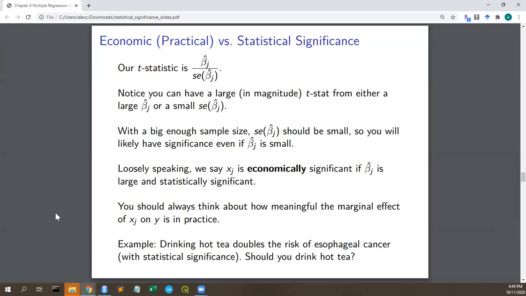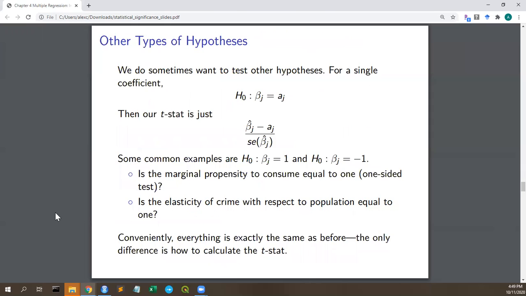You probably don't want to drink hot tea. But if that risk is super, super small and that doubling is really not that big, then maybe it doesn't actually matter. Sure, it's statistically significant, but is it practical, is it economically significant? That's the question you have to ask.